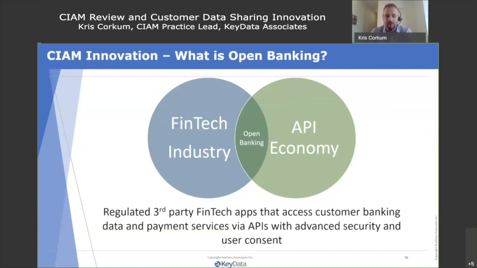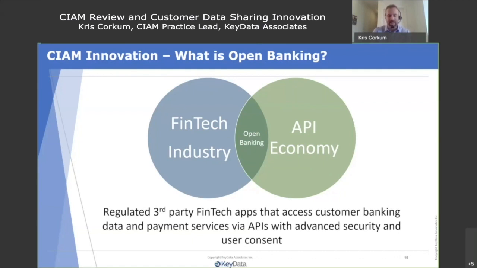So for example, Uber uses the Google Maps API to provide directions, driver location overlays, etc. McDonald's uses the Uber Eats for food delivery, which uses the Google Maps API. So you can see how APIs are built on top of each other to deliver revenue and value across organizations. This is really the API economy in action.